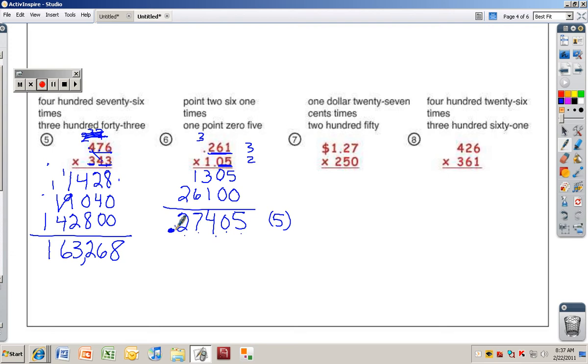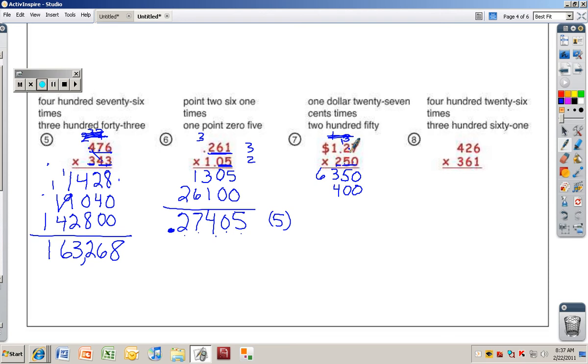All right, so next one is $1.27 times 250. Again, I can skip this first step, put a 0 down for that. Do 127 times 5. 7 times 5 is 35. Carry the 3. 2 times 5 is 10 plus 3 is 13. Carry the 1. 6. And then I'm going to multiply, I put 2 placeholders down for these 2 numbers. I'm going to multiply 127 times this 2 out here. 7 times 2 is 14.